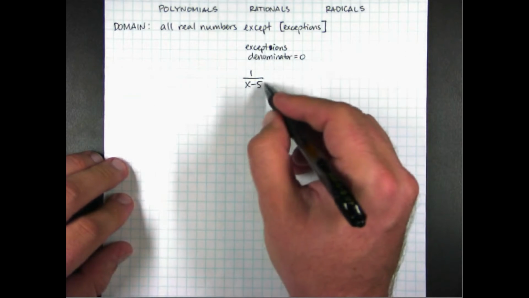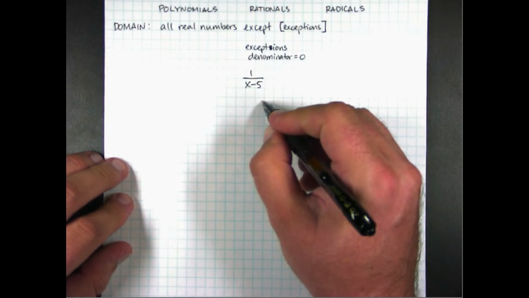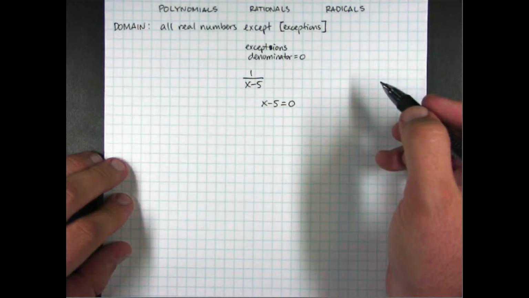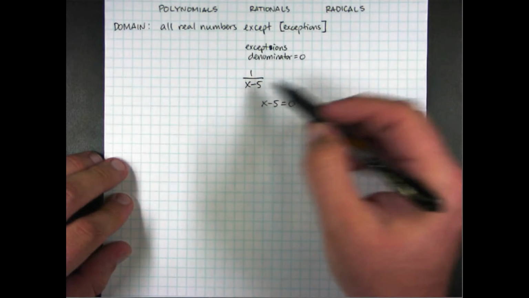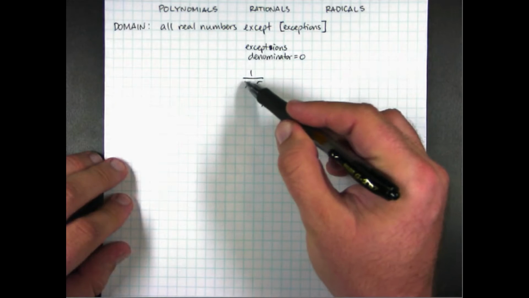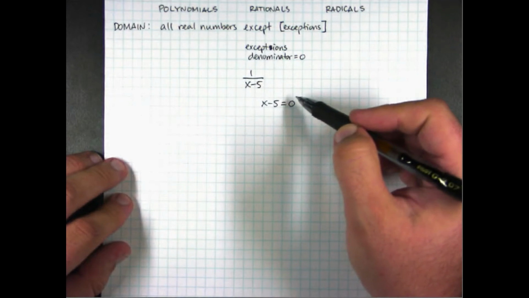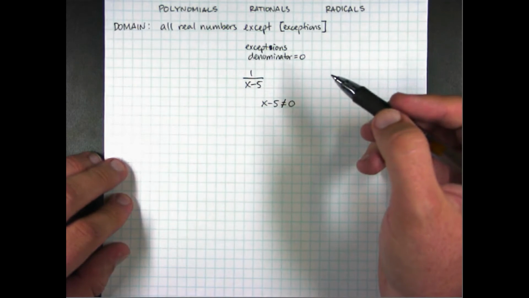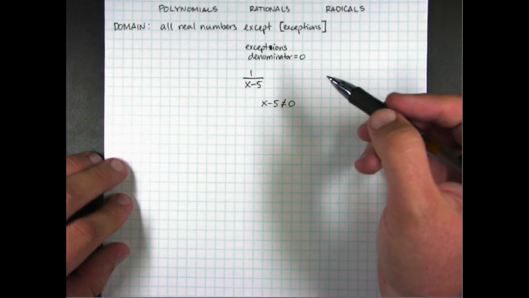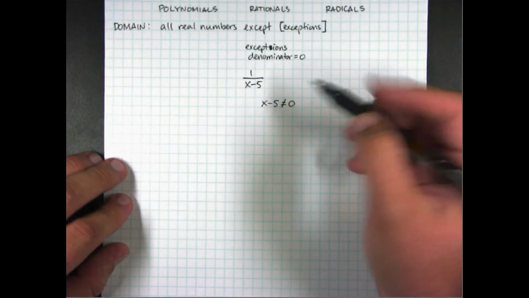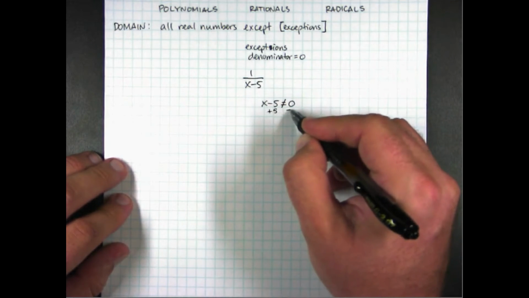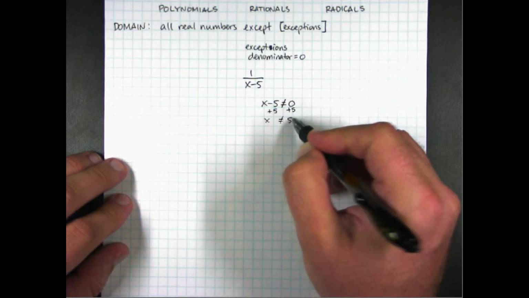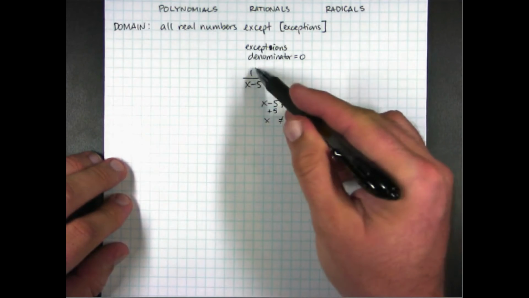The denominator is 0 when x minus 5 equals 0, and that's when it's not allowed. So I'm going to rewrite this as x minus 5 cannot equal 0, because we want to show that it can't be that. If I add 5 to both sides, then I get x is not equal to 5. And that makes sense. 5 minus 5 is 0, 1 over 0 is undefined.